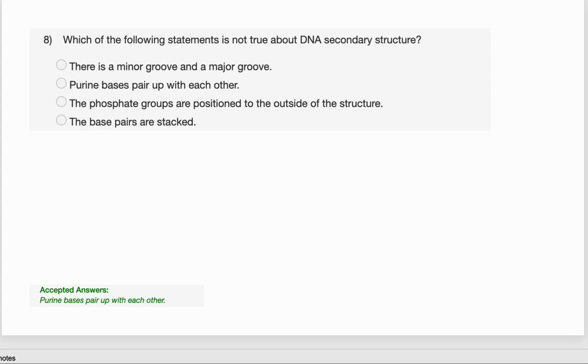The correct answer here is B, because purine base pairs with pyrimidine. They don't form base pairs among themselves. Purine with pyrimidine, never purine with purine. The secondary structure is a helix. They do have a minor groove and a major groove.